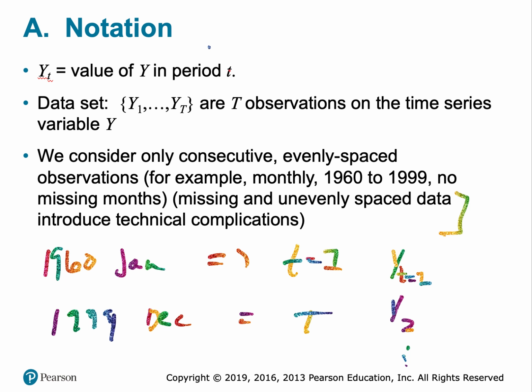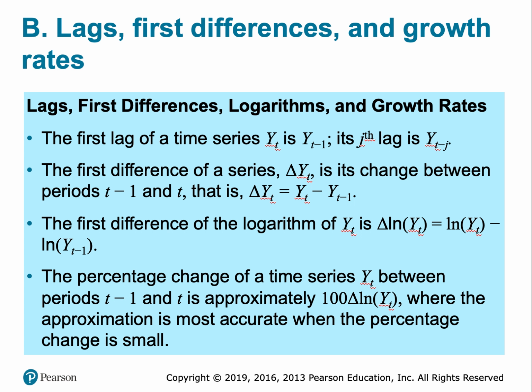Let's talk about lags, first differences, and growth rates. The first lag of a time series yt is yt minus 1. That is, yt minus 1 is the previous observation. Its jth lag is yt minus j.